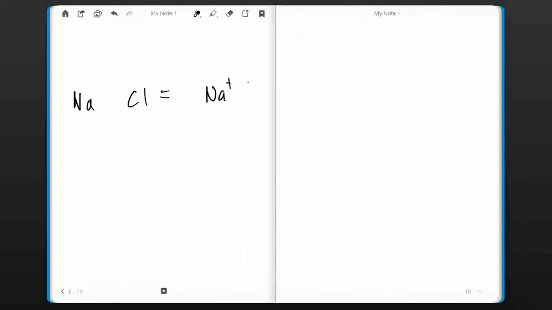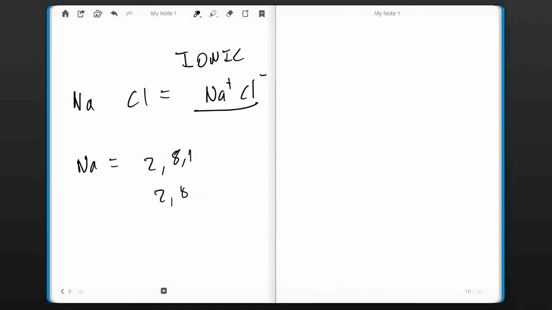So if we look at this again, let's look at sodium chloride. Sodium chloride is Na plus Cl minus, and they join together. It's ionic. The reason this happens in the first place is because sodium has 2, 8, and then 1. So obviously it could add on 7 and then it would become 2, 8, 8.